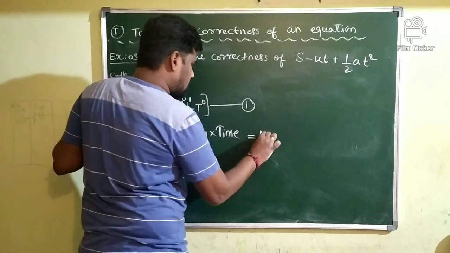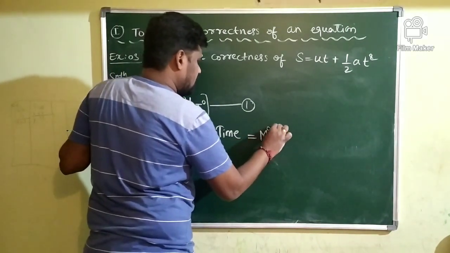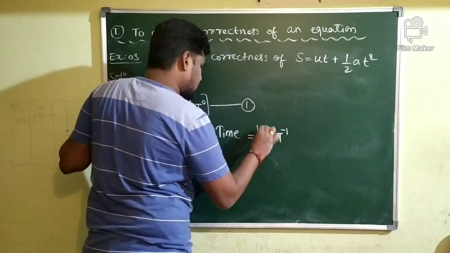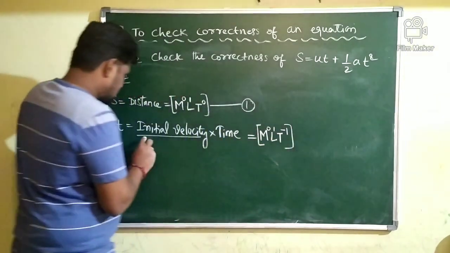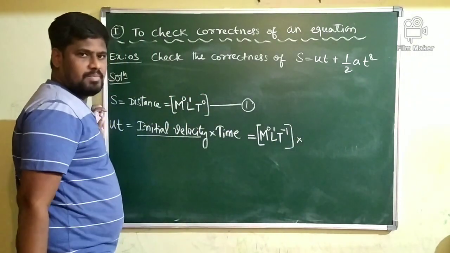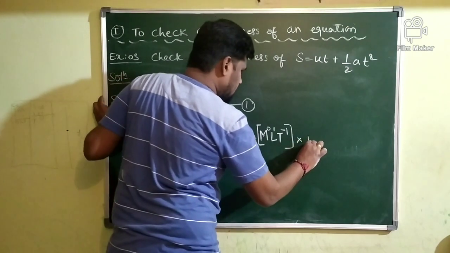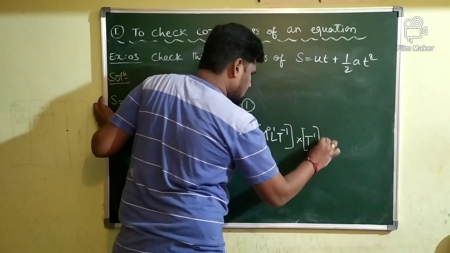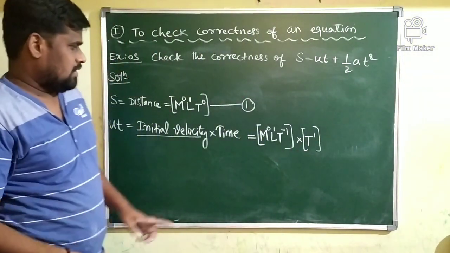Therefore, what is the dimensional formula? M0 L1 T power minus 1. This is the dimensional formula for initial velocity. Multiplied by time. What is time? T power 1. Okay? Concentrate here.